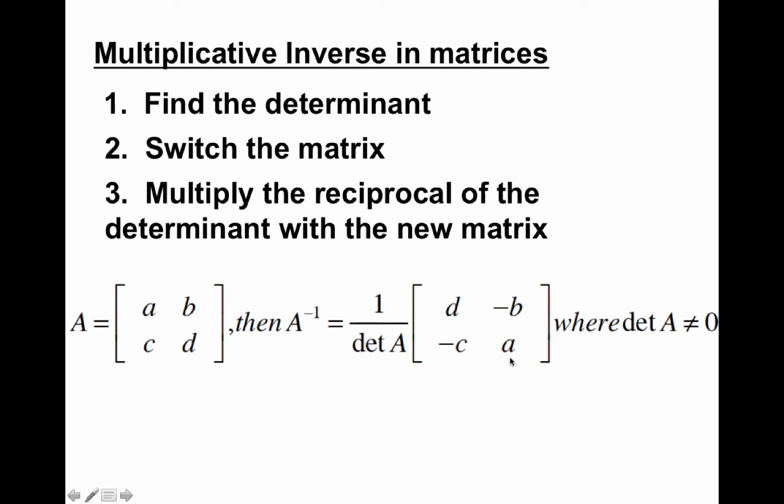In the other direction, the numbers stay where they are, they just become the opposite. Then you just multiply this into the matrix. Please note that the determinant can't be 0 because you can't divide by 0. 1 over 0 is undefined.